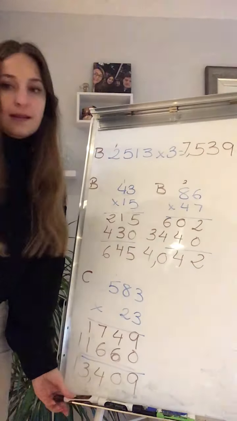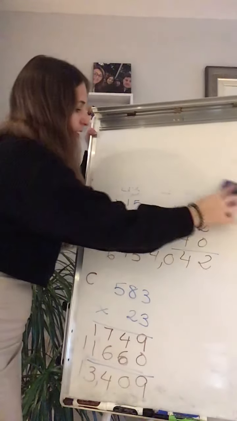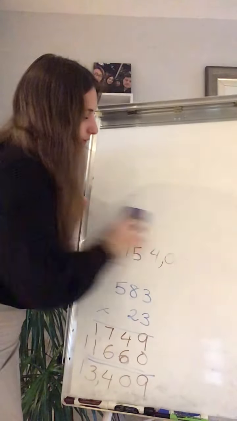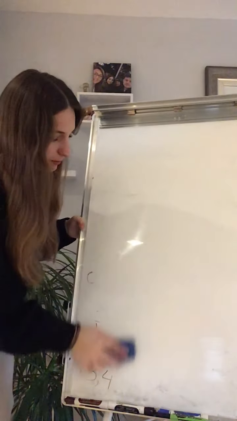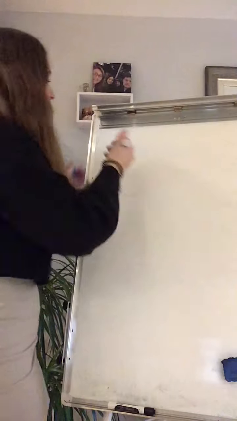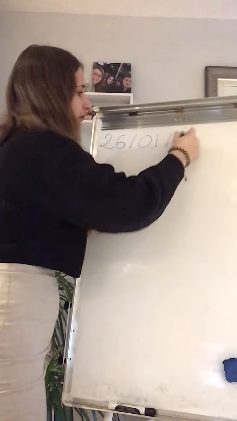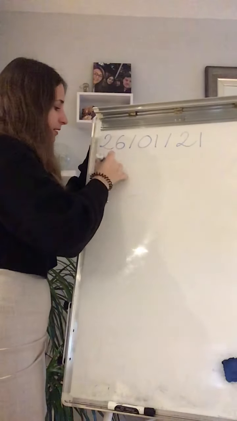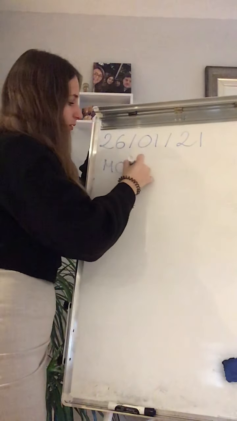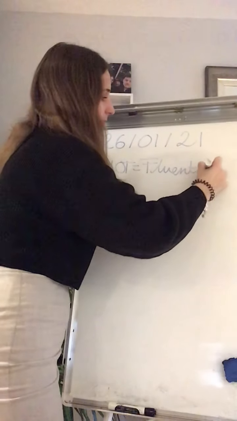Right, so we are going to see our MOT for today, which is Fluent in 5. Today is the 26th of the 1st of 2021, and we are doing our MOT, Fluent in 5.